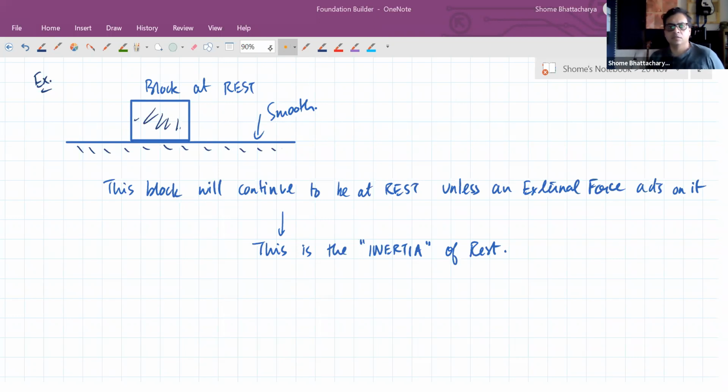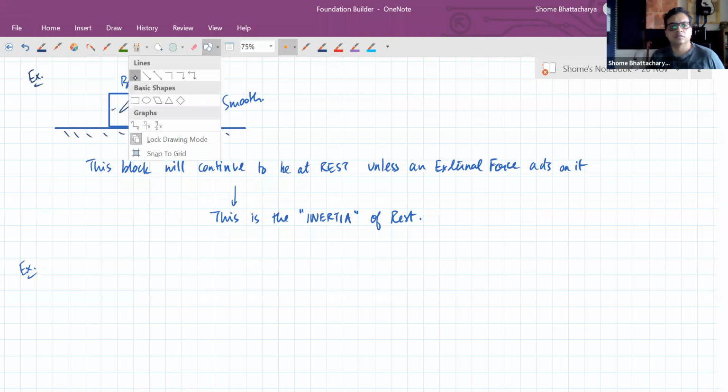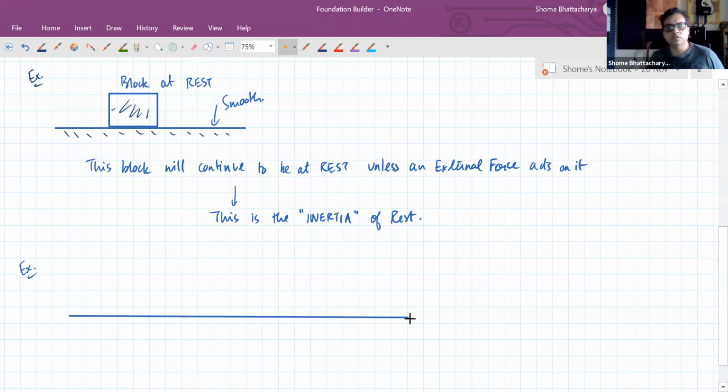Now another example of the property of inertia would be this: instead of the body being at rest, we have a body which is moving along a smooth surface.